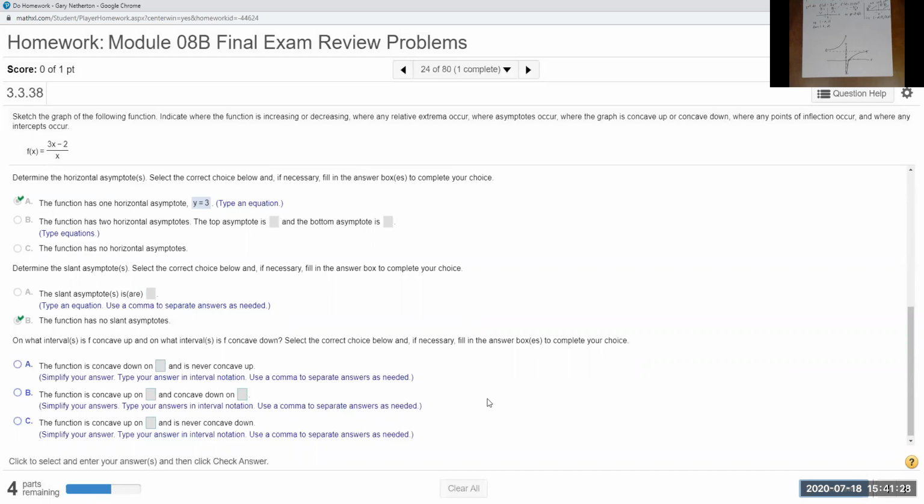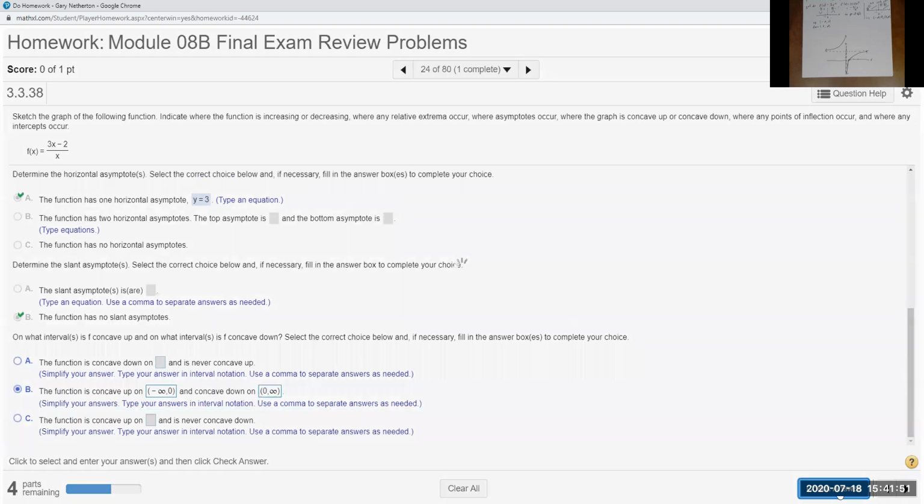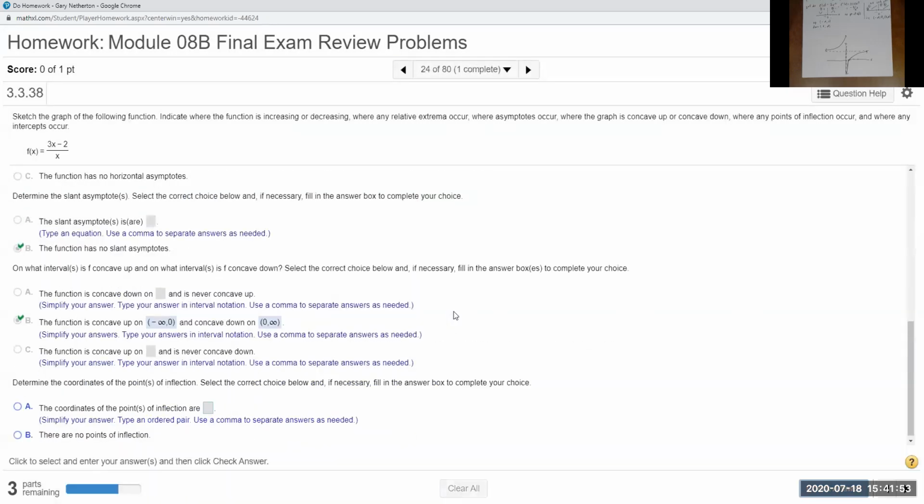Concave up, concave down. I have one concave up, one concave down. So concave up, negative infinity to 0. Concave down, 0 to infinity. There were no points of inflection.